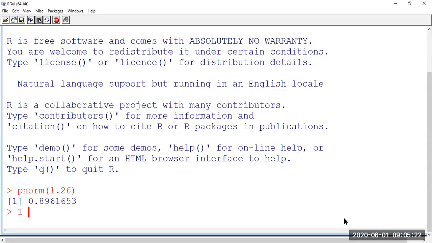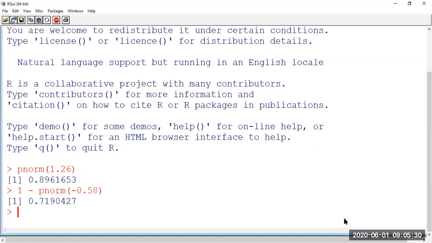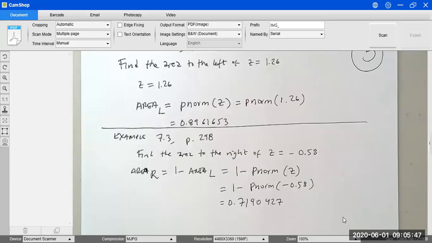So 1 minus pnorm of negative 0.58. We're going to get 0.719427. So that's the answer for this problem. So let's continue working on more problems.